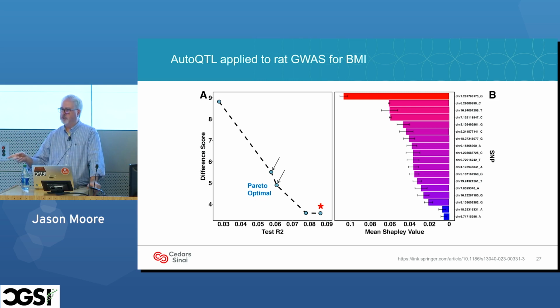Our results suggest that might be true, and I'll show you on the next slide, it really seems to be a subset of these SNPs that is providing the predictive ability of the model and not all of them. When you put all of them in a regression model, they seem to overfit when you do prediction.